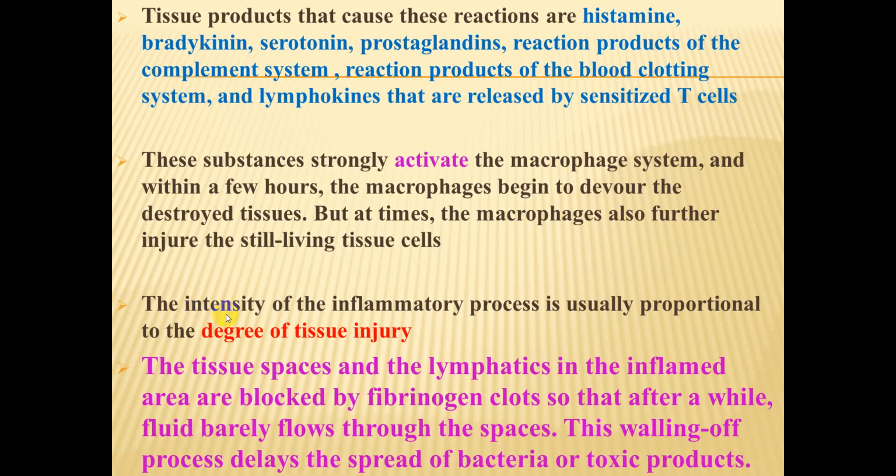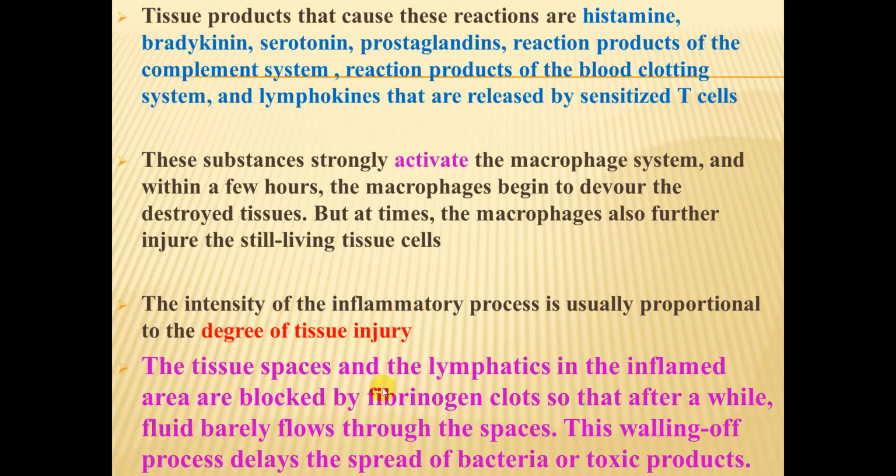The intensity of the inflammatory process is usually proportional to the degree of tissue injury. Of course, the more the injury increases, the more the inflammation increases, a direct proportion. The tissue spaces and lymphatics in the inflamed area are blocked by fibrinogen clots so that after a while fluid barely flows through the spaces.